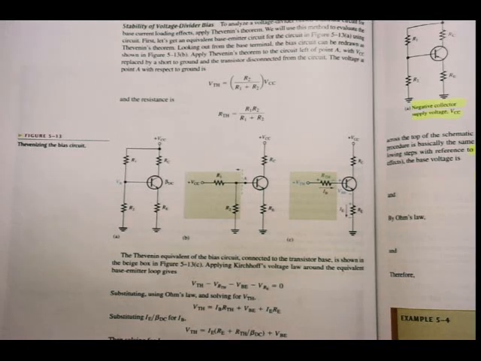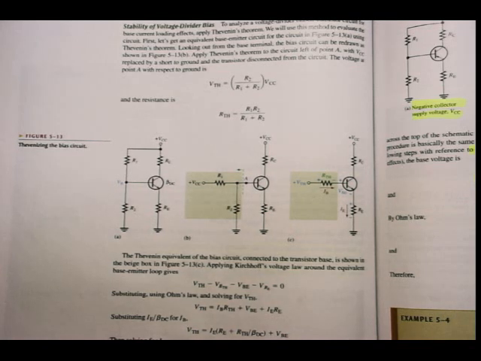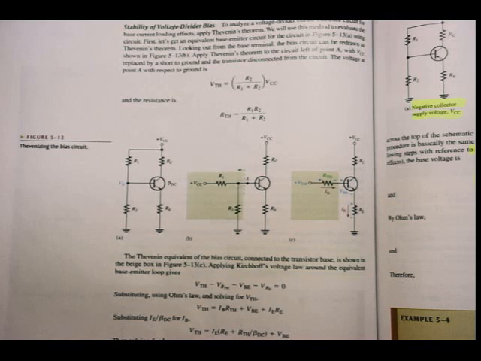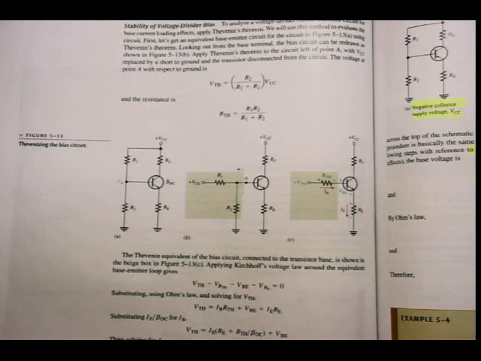What I want to point out to you, and you can underline this, is equation 5.6 shows the formula here. IE is equal to V Thevenin minus VB divided by RE plus R Thevenin divided by beta DC. But what is important here is that if R Thevenin divided by beta DC is small compared to RE, the result is the same as for an unloaded voltage divider.